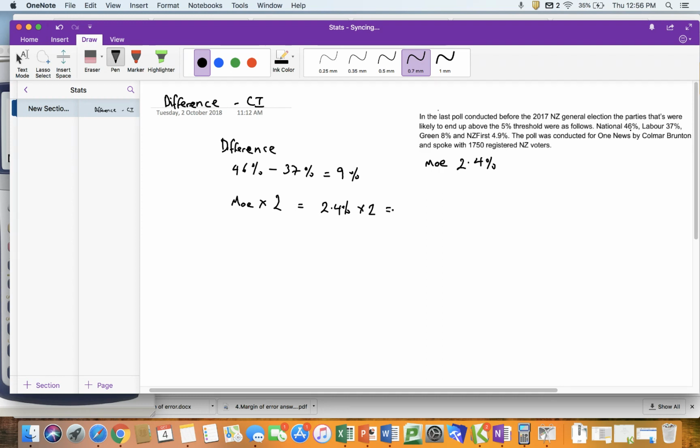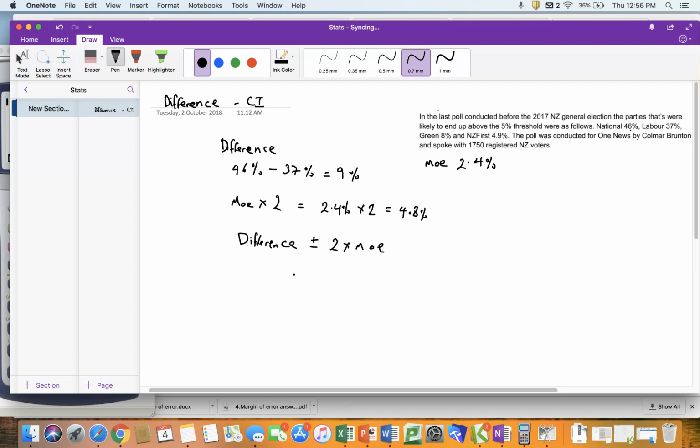So my margin of error for the difference is going to be 4.8%. So therefore, the true population difference between National and Labour would be the 9% difference plus or minus the two lots of the margin of error.